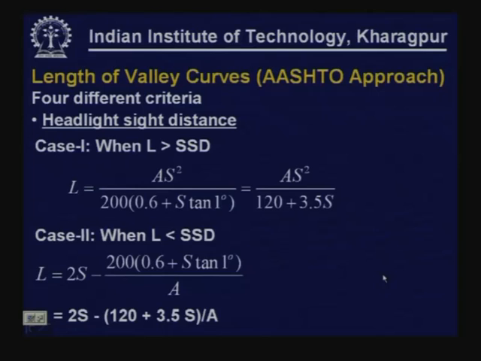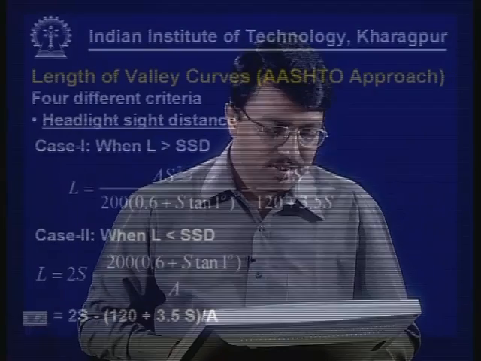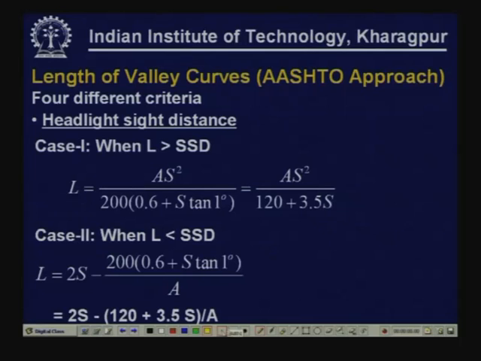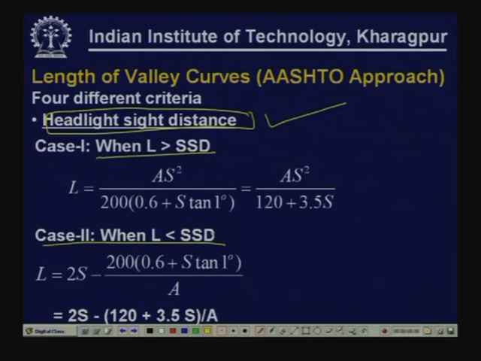Now, length of valley curves: there are 4 different criteria that are considered. The first one is the headlight sight distance. We have already discussed this headlight sight distance requirement during our discussion about the IRC approach. Here also it is the same. 2 cases are considered: case 1, when length is more than stopping sight distance, and case 2, when length is less than stopping sight distance. We have discussed these 2 cases during the IRC approach.